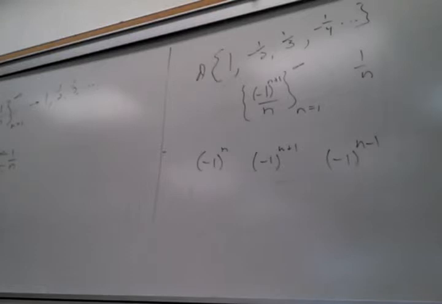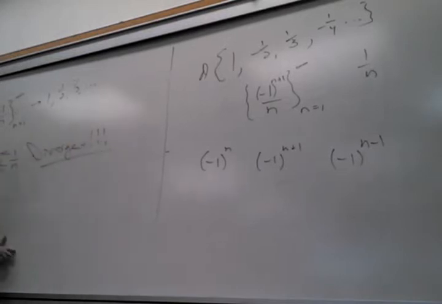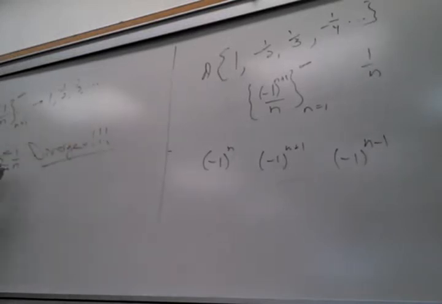But showing that a series converges will be much harder than showing that a sequence converges. Because if I add those elements up, it actually is divergent. It goes to infinity.